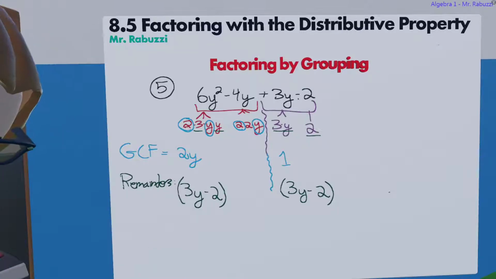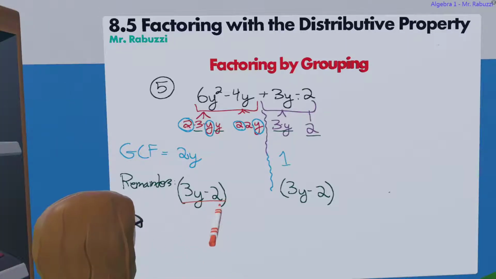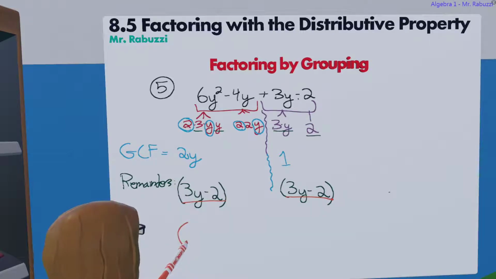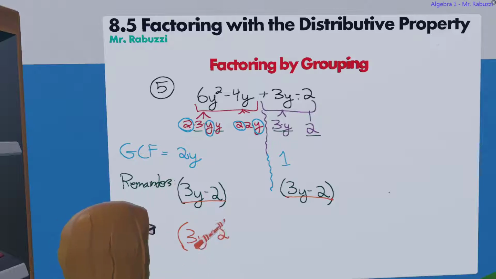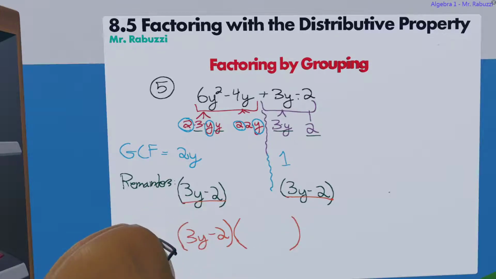So I'm going to skip my combining step first, but if these are the same, that's one of our factors at the end. 3y minus 2. Okay. And our other factor is going to be the 2 GCFs.